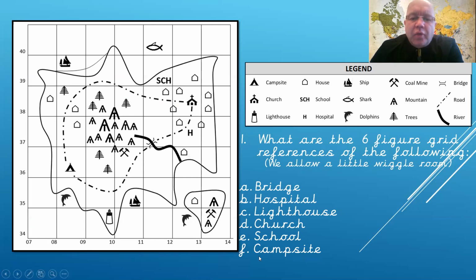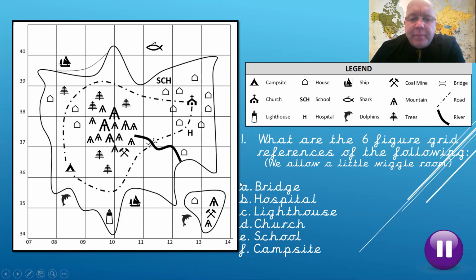So, first of all, the bridge. Pause the video now and just scribble down neatly the 6-figure references for each of those 6 places. We've got the bridge, the hospital, the lighthouse, the church, the school, and the campsite. There's only one of each, so you don't need to be looking around for a second or a third. Okay, so pause the video, have a go. 6-figure reference for each of those.